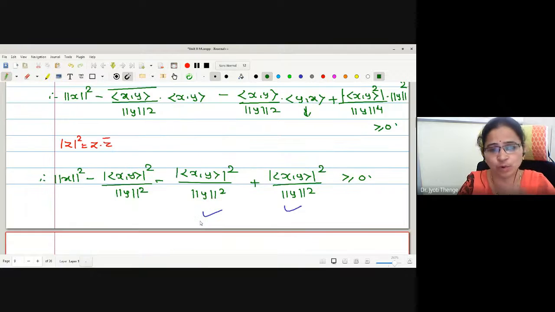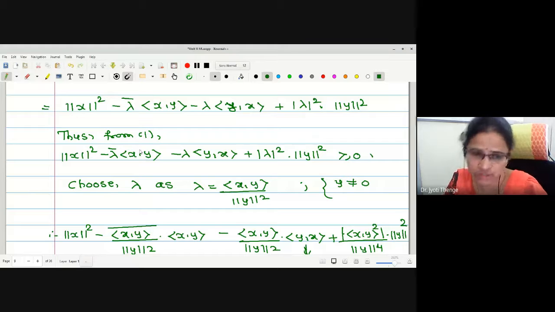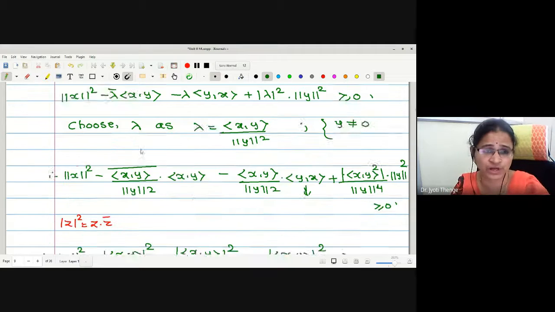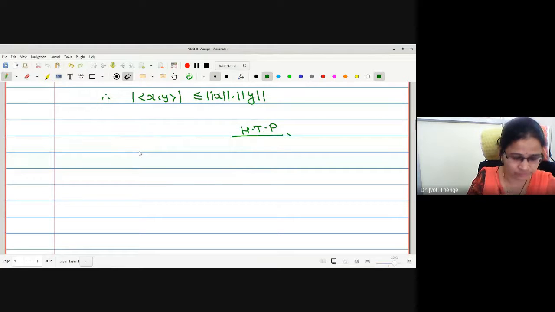In the proof you have to remember only that you have to select the value of lambda in order to introduce the modulus of this inner product x with y, right? Any difficulty? No, ma'am.